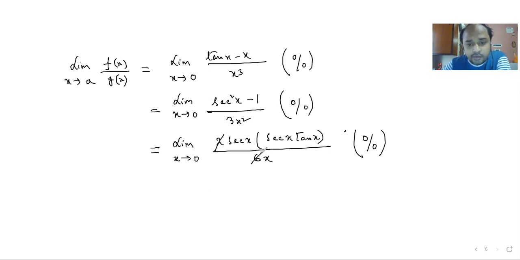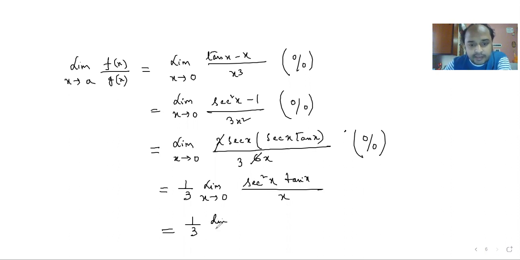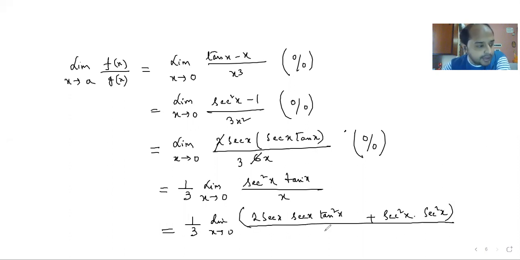But we can cancel 2 and 6, we can write it 1/3, and we can take the derivative further. So we can write it as sec squared x, 2 sec squared x tan x by x, and you take the derivative. So we write 1/3 limit x tends to 0, and we can write 2 sec x tan squared x, and that can be written as sec squared x into sec squared x by 3.